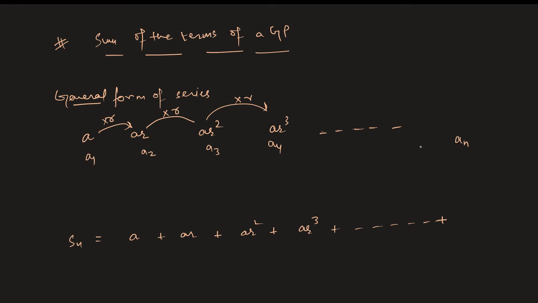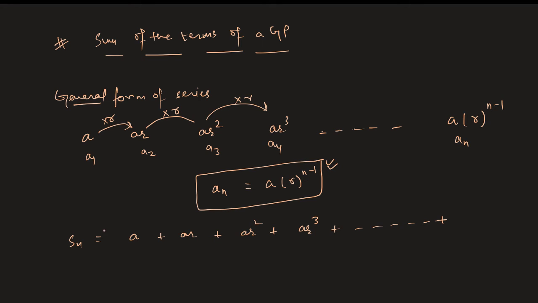So what would be the nth term? a is multiplied in each and every term. Now over here, first term r to the power 0, second term r to the power 1, third term r to the power 2, fourth term r to the power 3. So nth term r to the power n minus 1. So my general formula an equals a r to the power n minus 1, which we have already seen.